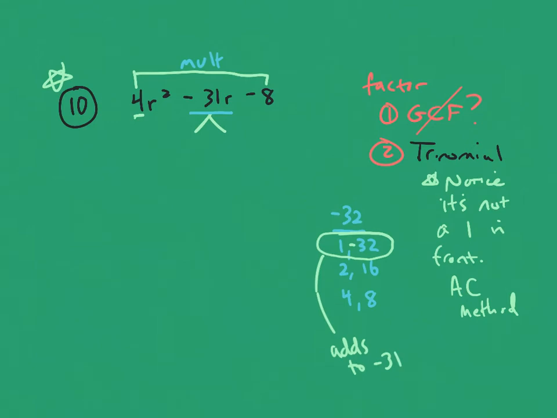So we're going to rewrite the whole thing, AC method again, 4r squared, and we're going to use positive 1r, getting that from 1 and negative 32, and then minus 8.